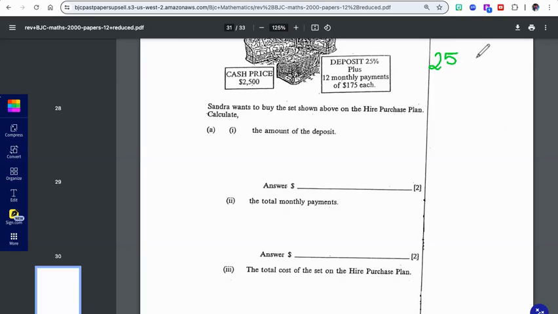So how do we find a percent of an amount? It will be the percentage out of 100 multiplied by 2,500.